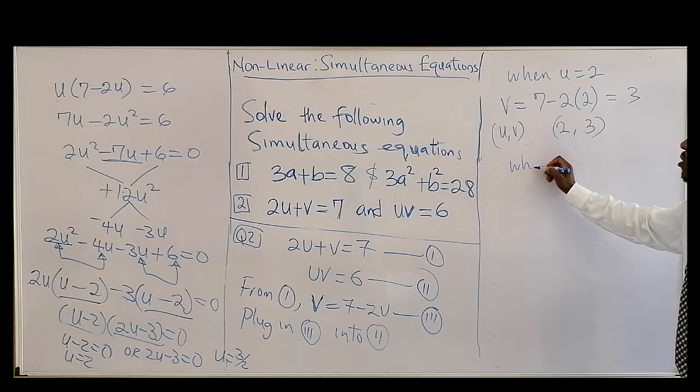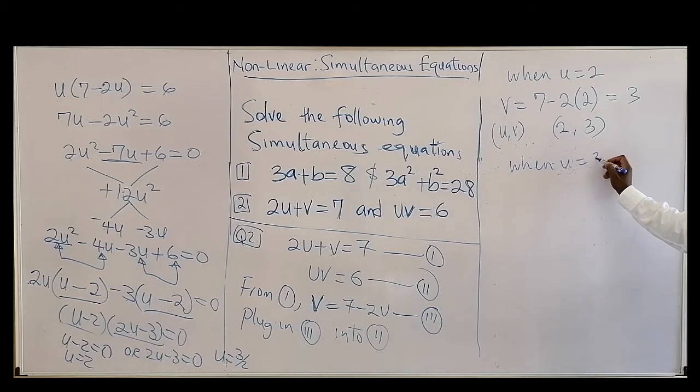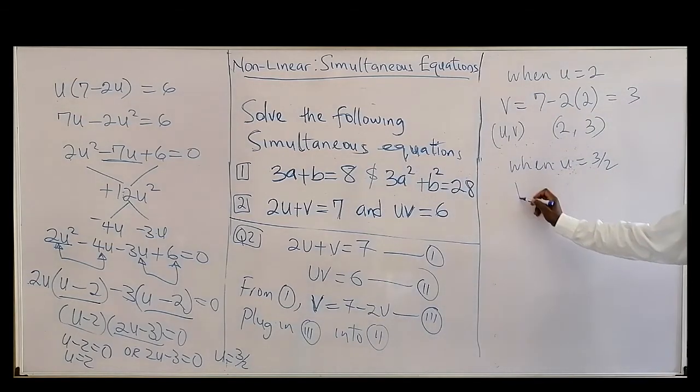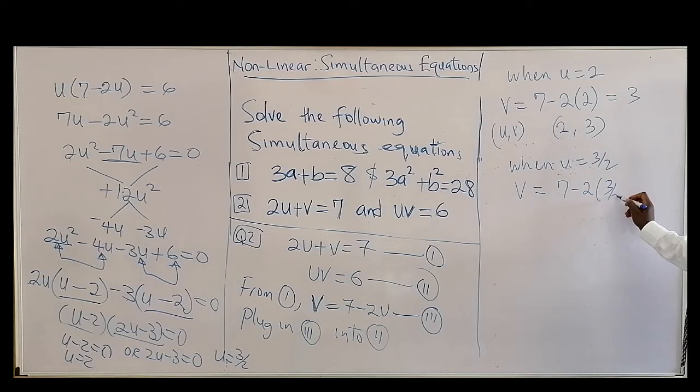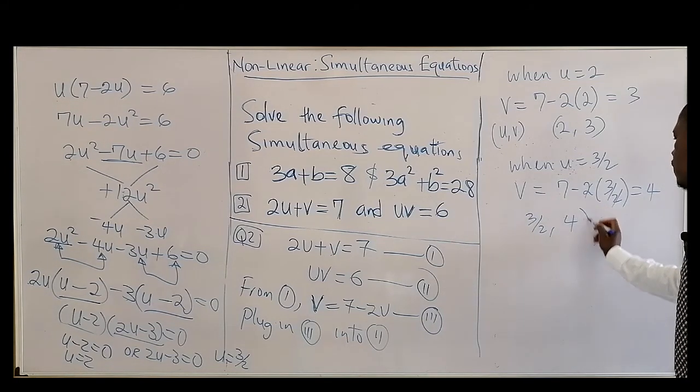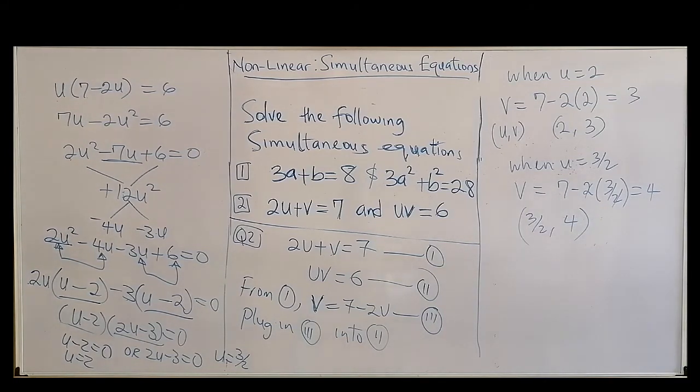When u is 3 over 2, go to your v: 7 minus 2 times 3 over 2, that's 7 minus 3, which is 4. So the coordinate will be (3 over 2, 4). So that's that on that question.